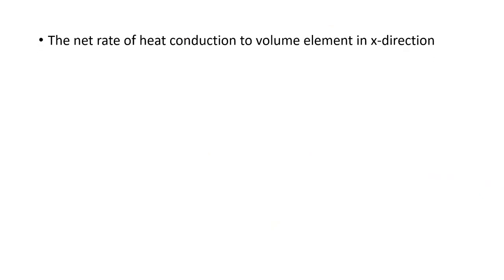Next, the net rate of heat conduction to the volume element in the x direction may be represented as the energy interaction coming in minus the term coming out. When these two terms are cancelled out, we have this conduction equation.